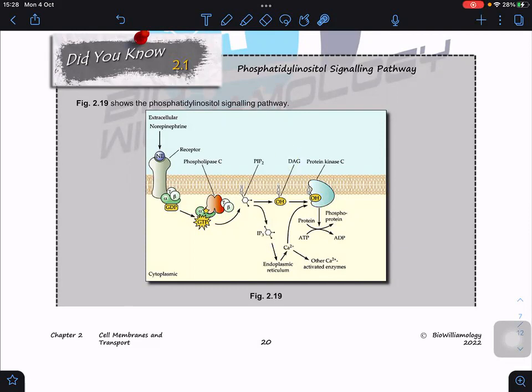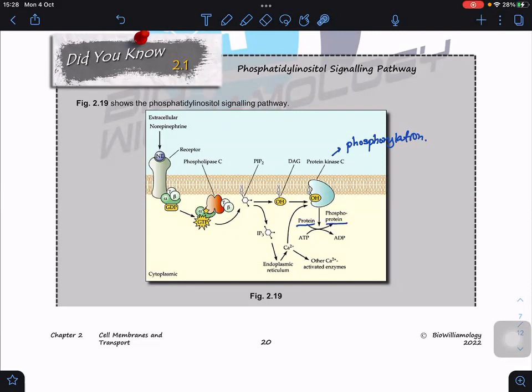DAG remains in the membrane and activates protein kinase C. When protein kinase C is activated, the normal protein becomes a phosphoprotein. Kinase basically means they are involved in phosphorylation, transferring the phosphate group to the protein. The protein becomes phosphoprotein.